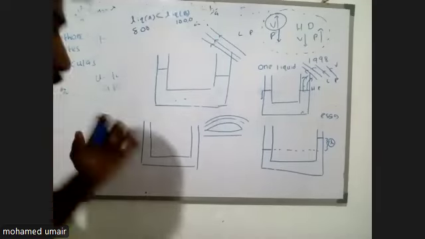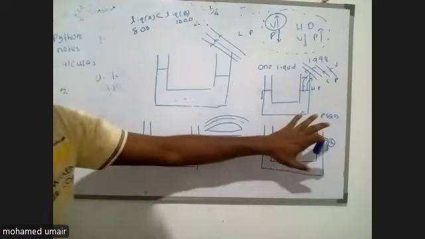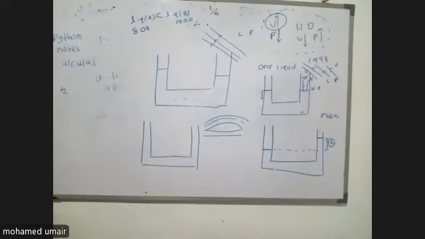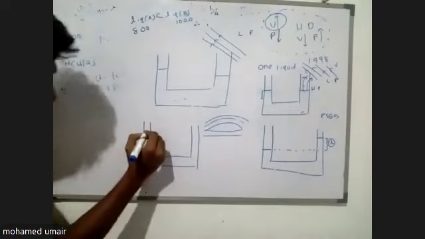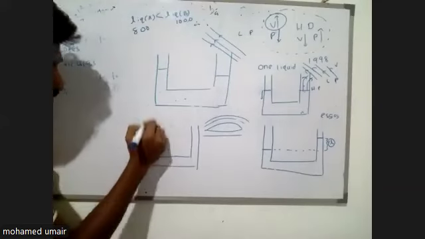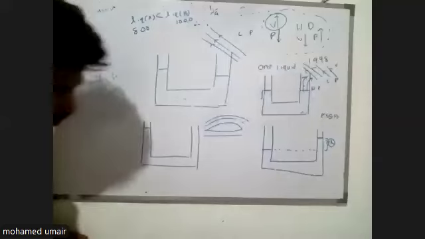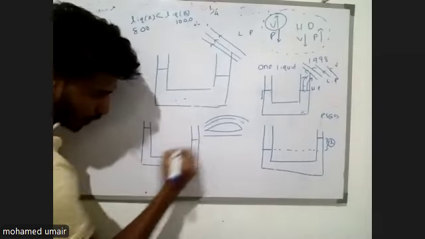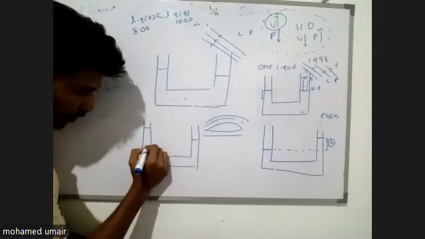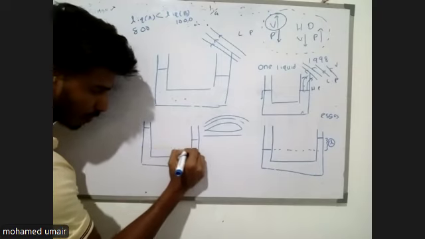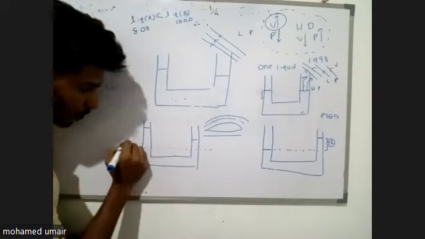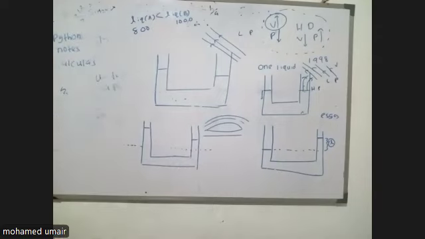So let's proceed with the question. Again, the same idea, so I'm just going to explain it. Initially, we had a certain common interface level. We had oil up to a certain height, water up to a certain height, and this was my common interface level. From here, we were measuring the heights.